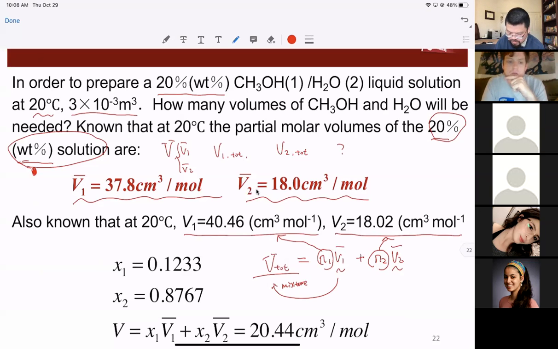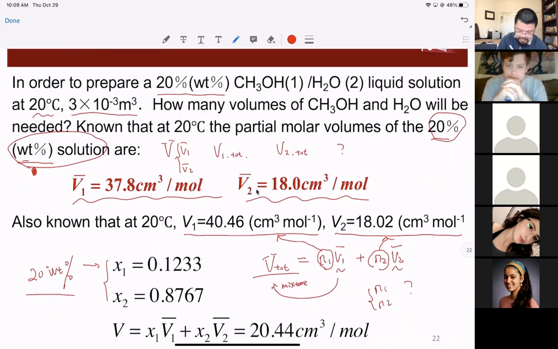So how do I figure out the number of moles? Then this is the question. Well, if we start with this 20% of weight, we know the molar mass of methanol and water, so we can calculate what's the corresponding molar fraction in the liquid phase, x1 and x2.